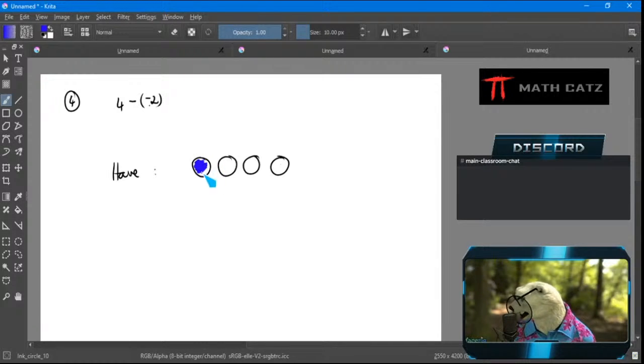The first number tells me what I am starting with. I'm starting with 4 chickens on my farm. Remember, I'm following the instructions exactly the way they are written out. I am not simplifying this first.